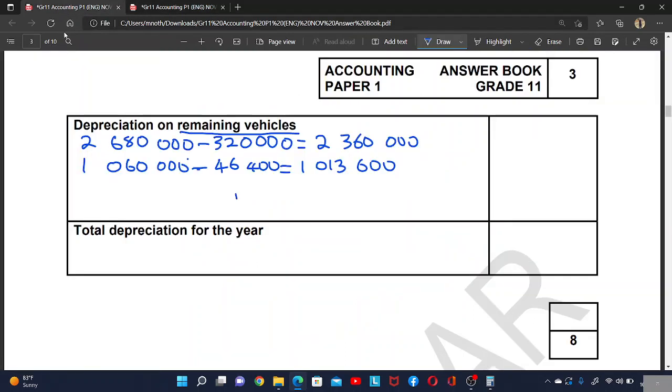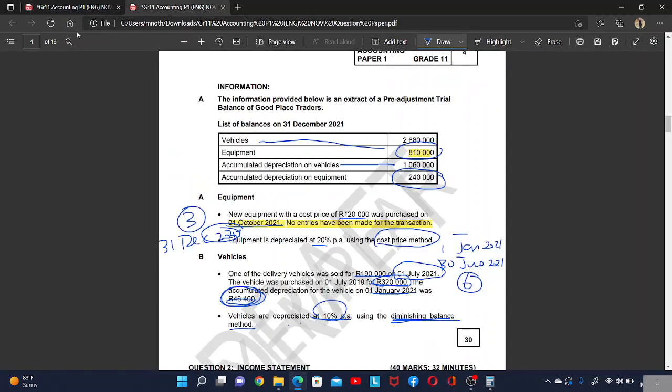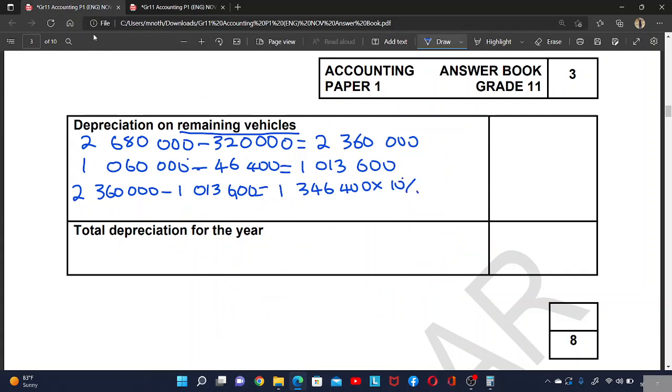So the cost of the remaining vehicles, which is this one, minus the accumulated depreciation of the remaining vehicles is equal to 1,346,400, times 10%. The remaining vehicles stayed for the whole year, which gives you 134,640.